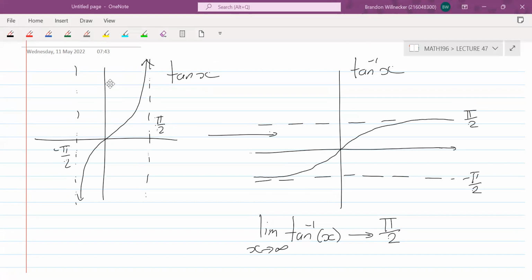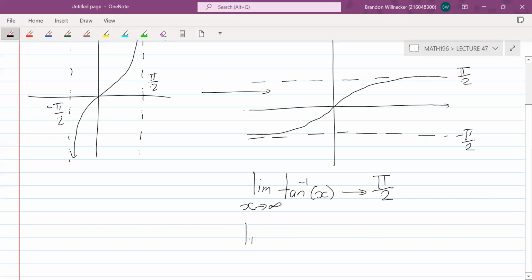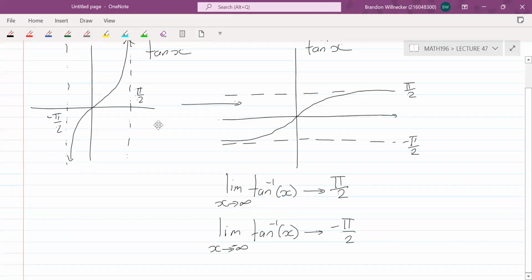Okay, there's always this back and forth between the original function and its inverse. Now, if we take the limit going the other way, okay, minus infinity of arctan of x, this is going to give us minus pi over 2. Okay, reason being is that the tan of minus pi over 2 goes to minus infinity.